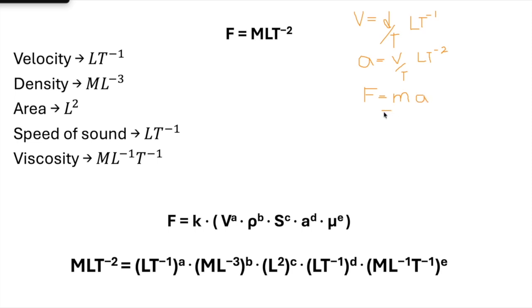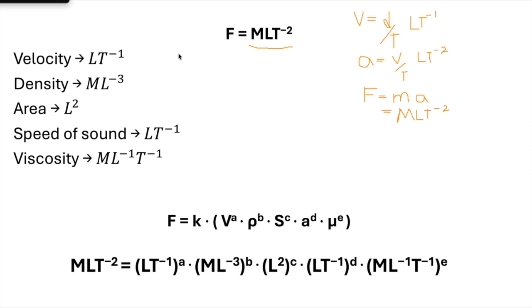So the dimensions for force will be M, and for acceleration, L T minus 2, giving M L T minus 2. That's why here we have written the dimensions for the aerodynamic force as M L T minus 2.